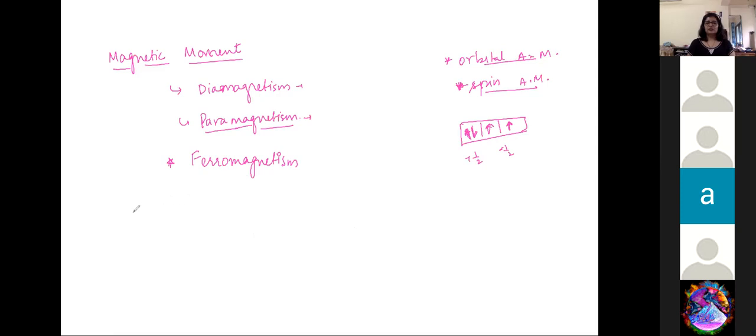Now, in the case of d block elements, in the case of transition elements, all of the unpaired electrons you will find only in the d orbital, right? Like s orbital, p orbital, they're all paired up. There's no magnetic moment associated with them.